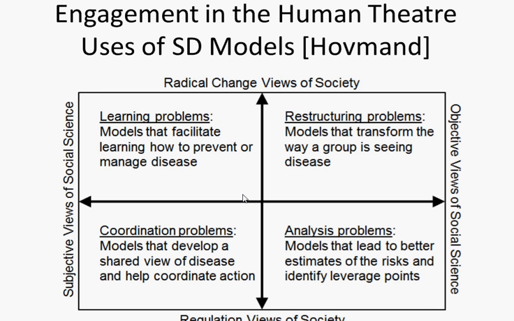There's another class of problems that are also more on the subjective side that facilitate learning. How do we learn more effectively as a group? How do we help our team be in a constant learning position? And the focus here is on helping, again, shape people's understanding of the situation.